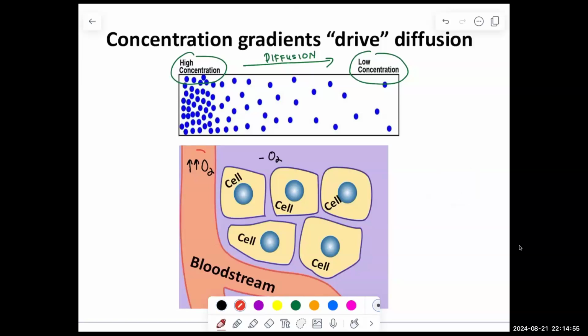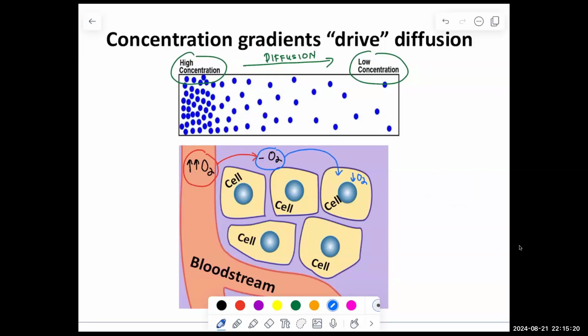So it's going to move from areas of high concentration to areas of low concentration just through diffusion. Inside your cells, because the mitochondria are using all that oxygen, the concentration of oxygen is really, really low. So it's going to go from moderate levels of oxygen to really low levels.